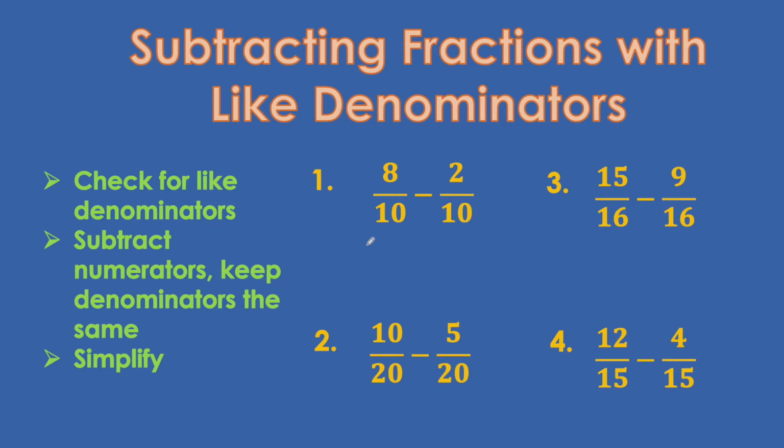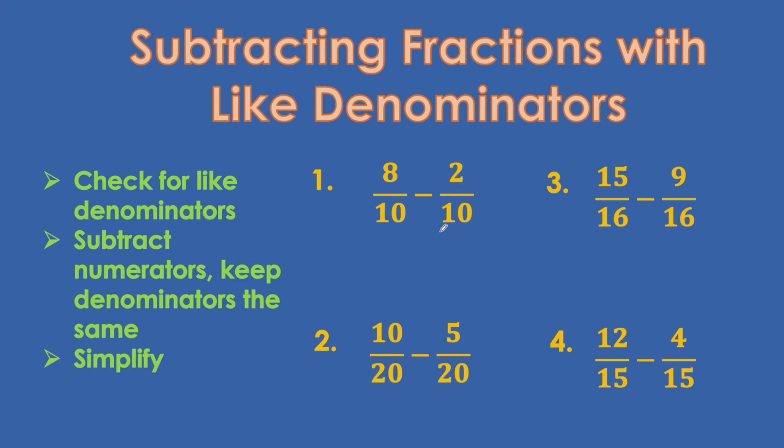Let's look at our first example. We have 8/10 minus 2/10. First, we check for like denominators. We have 10 in the first fraction and 10 in the second fraction. So we are good there.